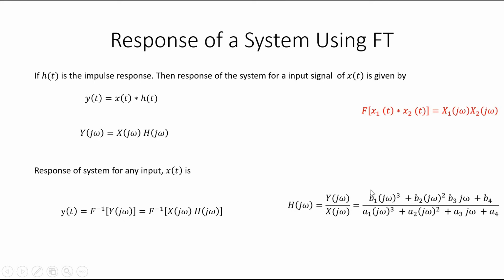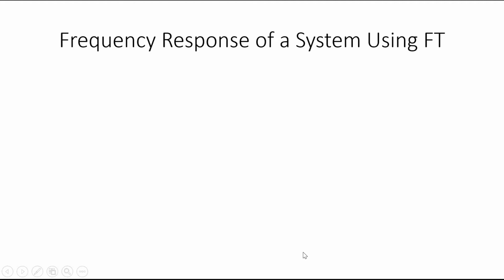H of j omega we can obtain from the differential equation of the system. So we can find the response by multiplying this term into the Fourier transform of the input, then taking the inverse.